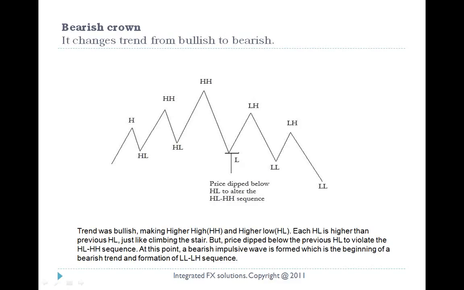At that point, a very good trader should be anticipating a possible trend reversal from bullish to bearish. A crown is just like taking a staircase up and coming down the staircase from the other side.